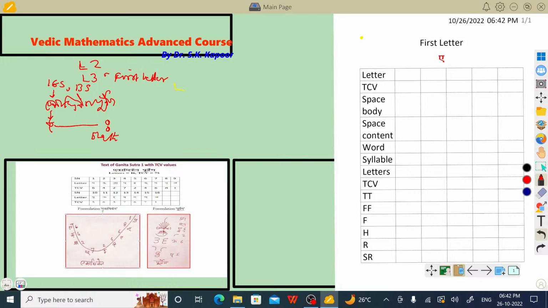When we are entering this domain, that means we are availing the first letter, and the first letter is the sixth vowel.